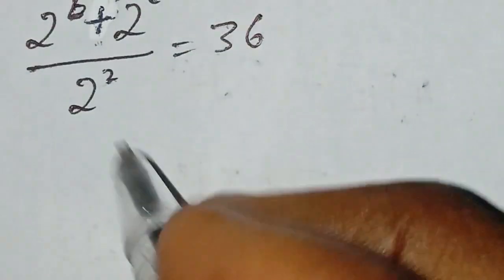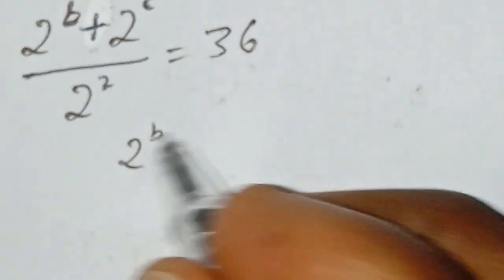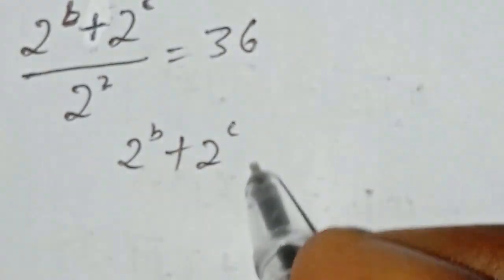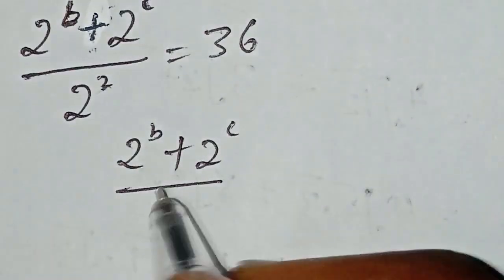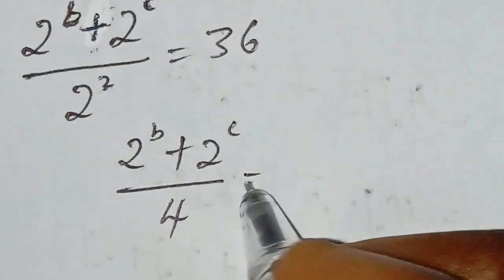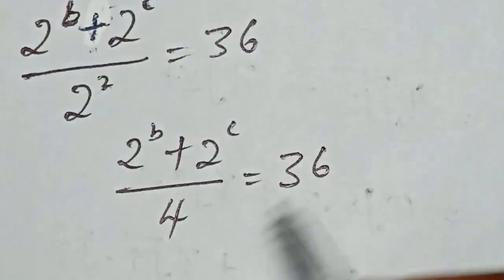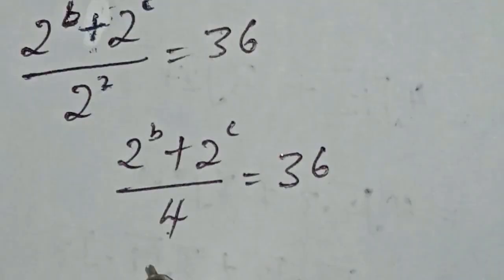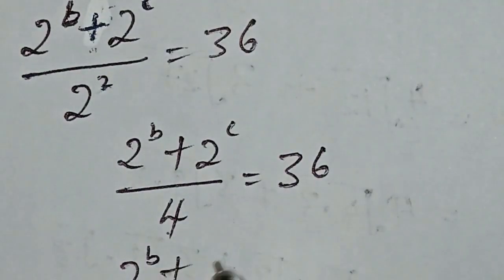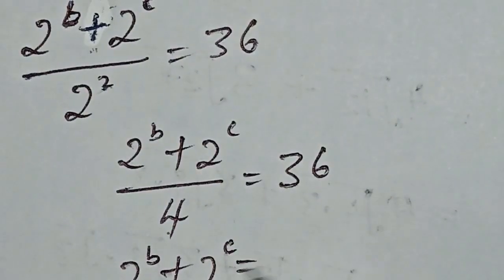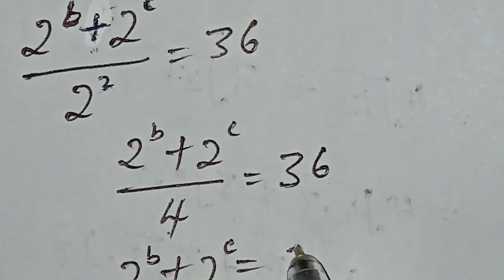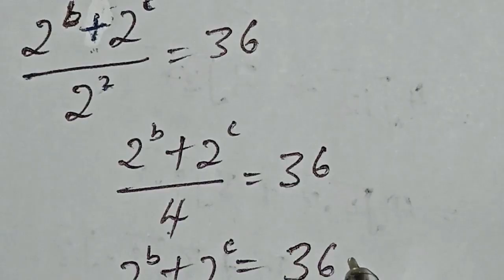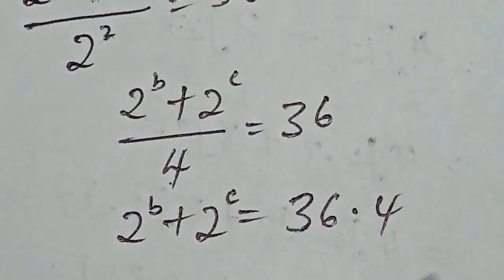And this is given as 2 to the power of b plus 2 to the power of c equal to, 2 to the power of 2 is 4, equal to 36. We multiply this with this, we have 2 to the power of b plus 2 to the power of c equal to 36 multiplied by 4.